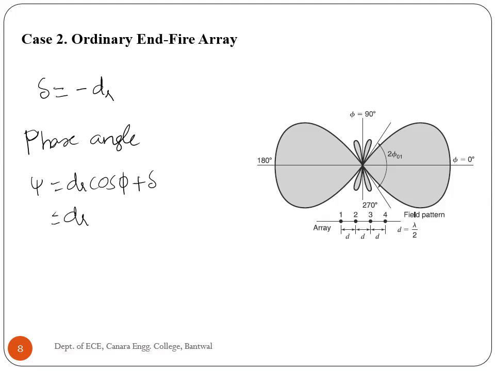For the end-fire array, delta is minus dr. Therefore, xi equal to dr (cos phi minus 1).